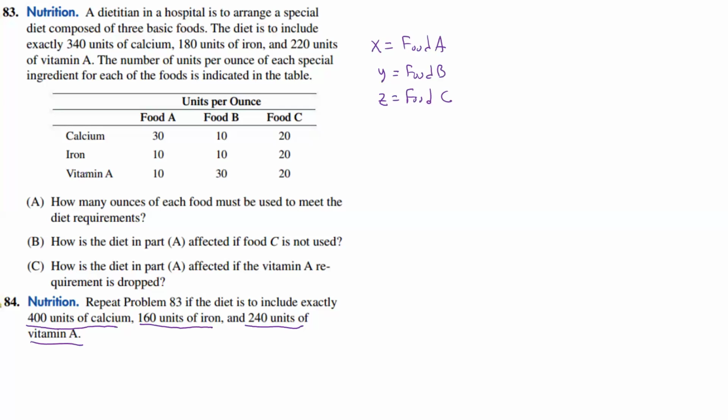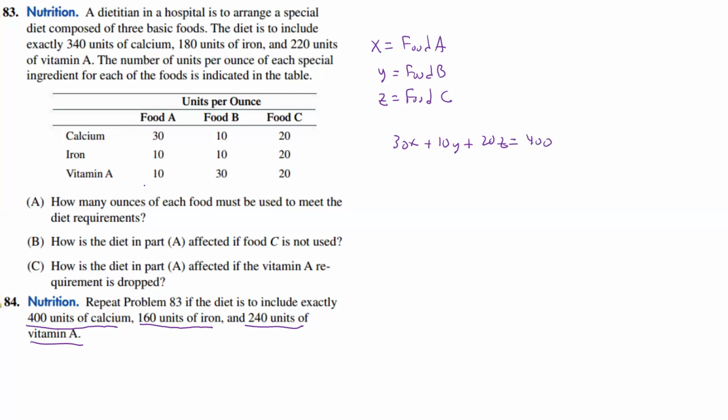Well, to get the calcium, we have to take 30 of x, 10 of y, and 20 of z. So we're going to say 30x plus 10y plus 20z equals, and we need 400.